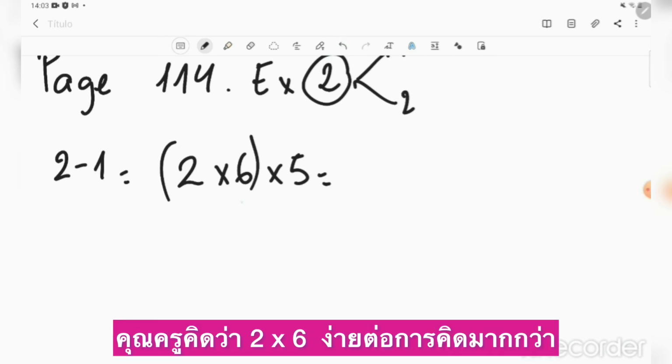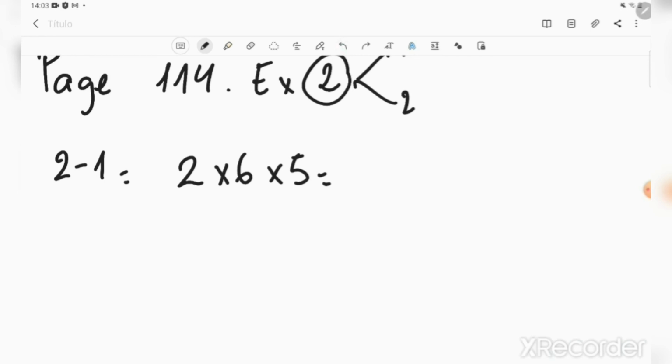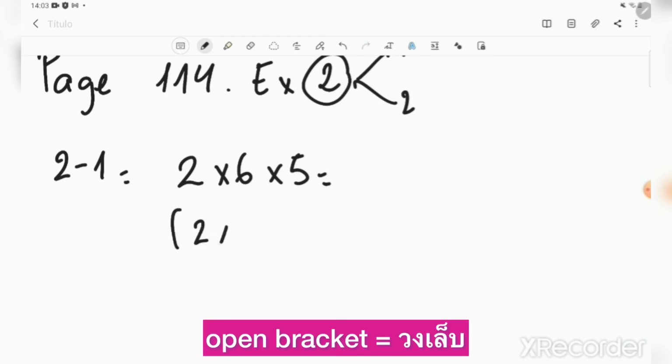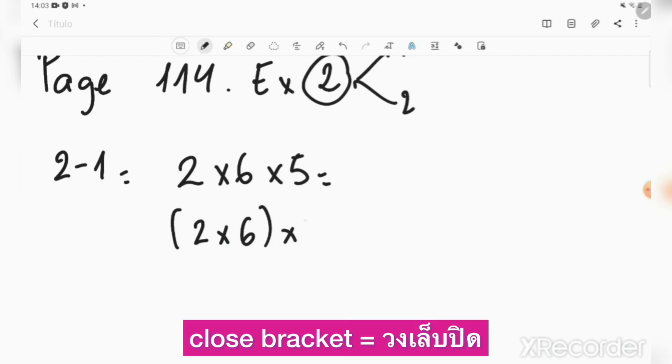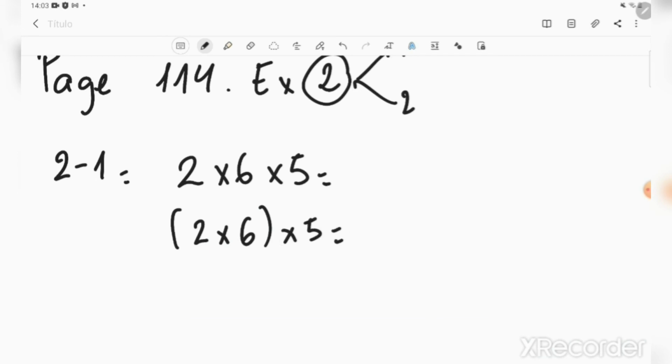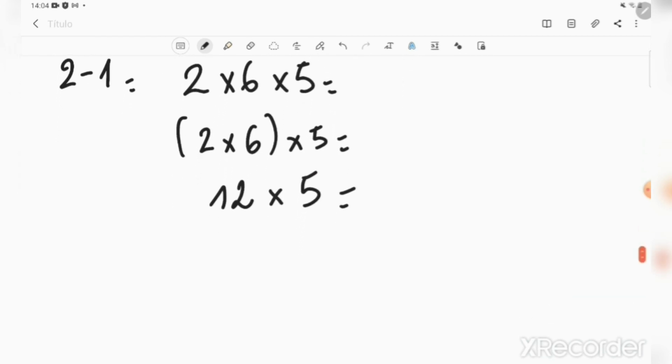I think 2 multiplied by 6 first is easier, so you can write open brackets 2 multiplied by 6 close brackets multiplied by 5, which equals 12 multiplied by 5.